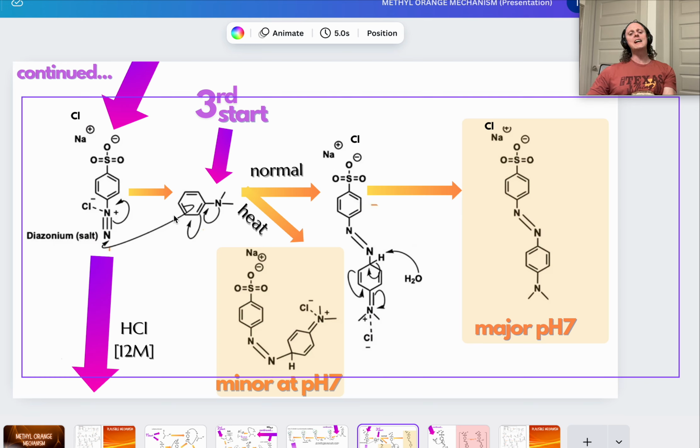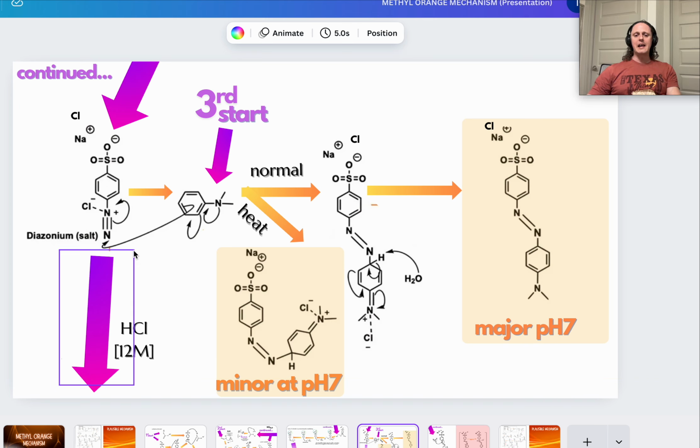No, the attack goes to the terminal nitrogen, and it's a motion of electrons just moving like that, all towards the internal iso nitrogen. See it that way. And then our chlorine has served its purpose and it's just there on the sideline for now. We're going to get to that later when we talk about the acidic product.